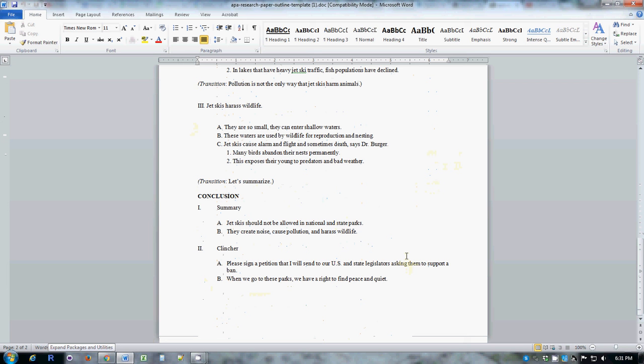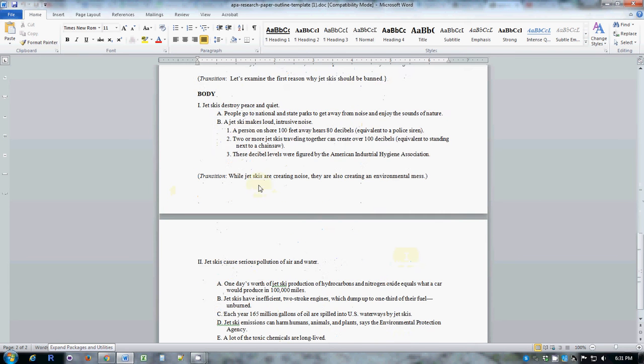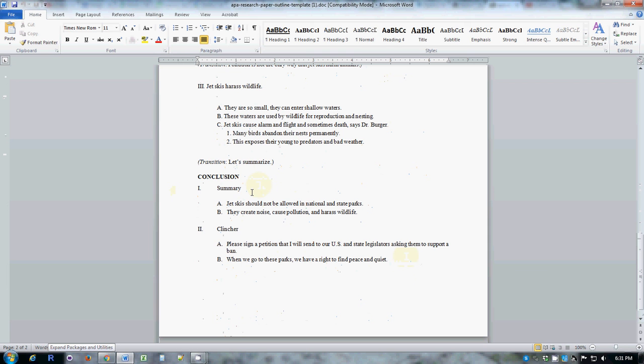Many scientific papers, especially if they have data, for instance, and graphs and presentations, would require a discussion in between the body and the conclusion.